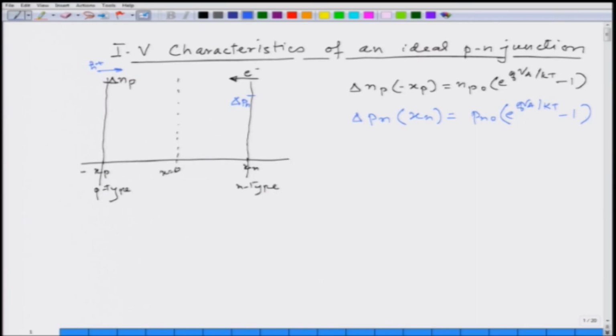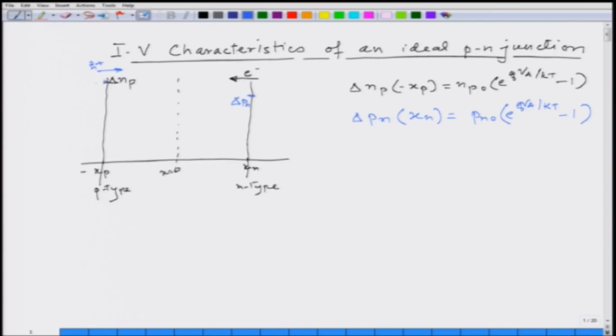Now, this basically has given us that the electrons injected as minority carriers on the p side and holes injected as minority carriers on the n side are giving rise to this concentration at the band edge.